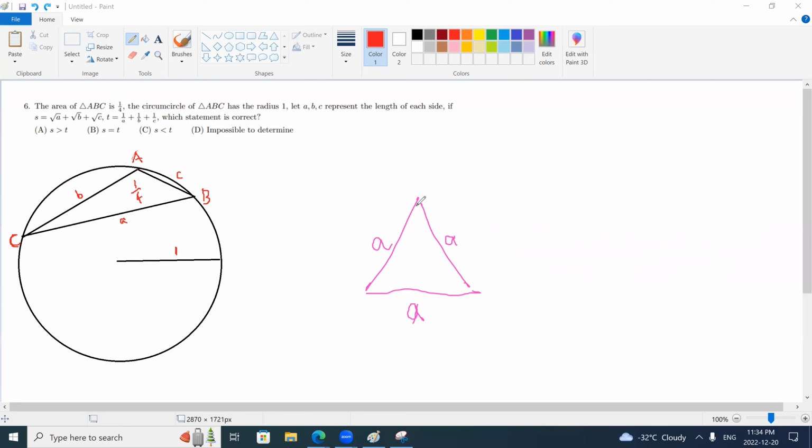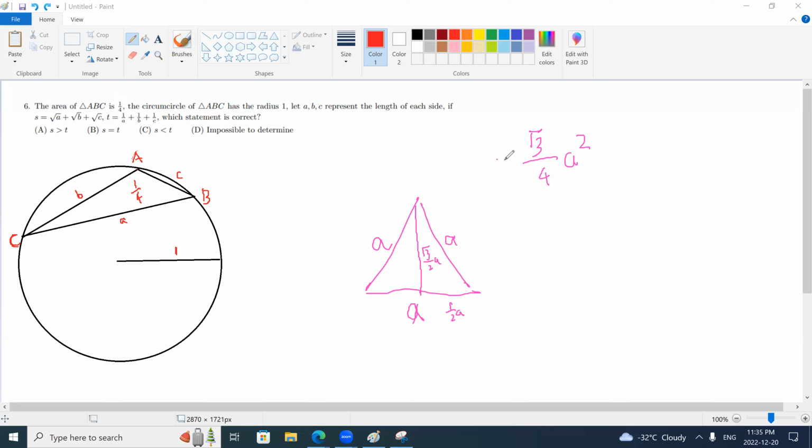There's a formula actually. The formula is square root of 3 over 4 times A squared. That's the area.